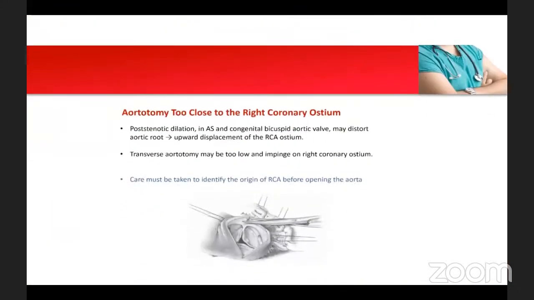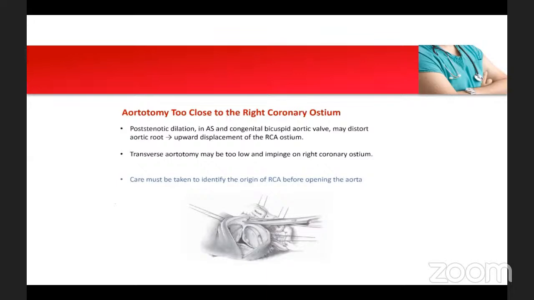Another problem is having the aortotomy too close to the right coronary ostia. It tends to happen in patients with post-stenotic dilatation in aortic stenosis and in congenital bicuspid aortic valve, which may distort the aortic root and lead to upward displacement of the right coronary ostia.